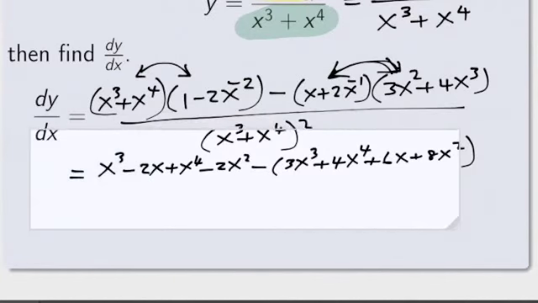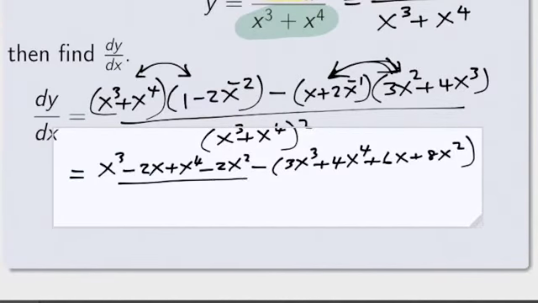And we can rewrite the denominator: x cubed plus x raised to the power 4, all squared.